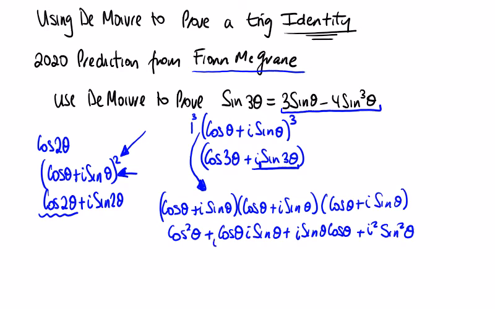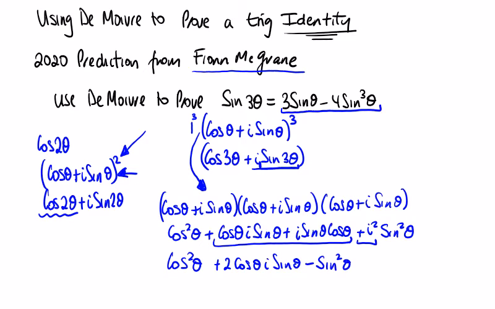Now you know there's going to be 2 of these in the middle, so you could do that quite quickly, and you know this is going to be a minus 1. So you can go straight to this line from the first multiplication: cos squared theta plus twice cos theta i sine theta minus sine squared theta.